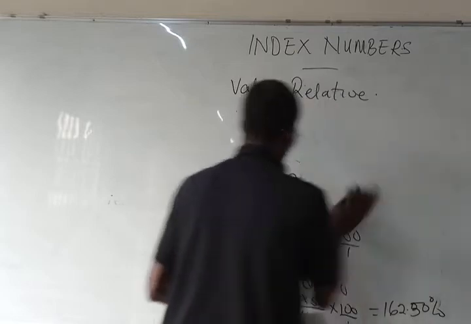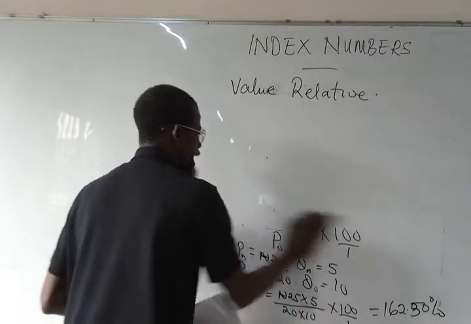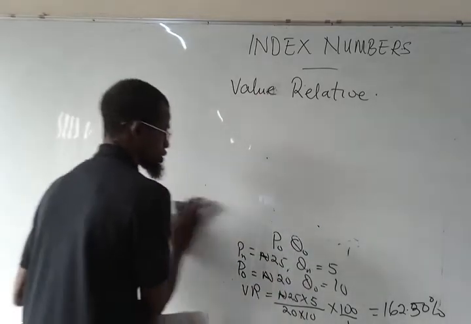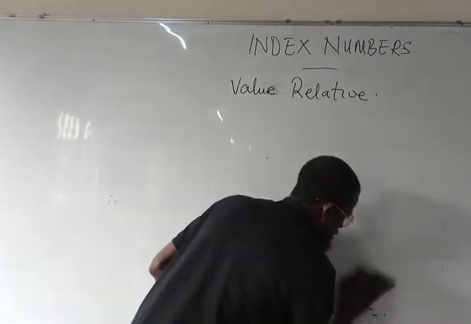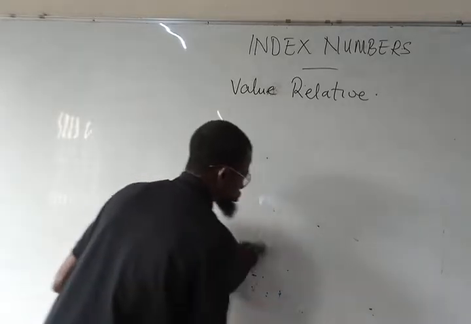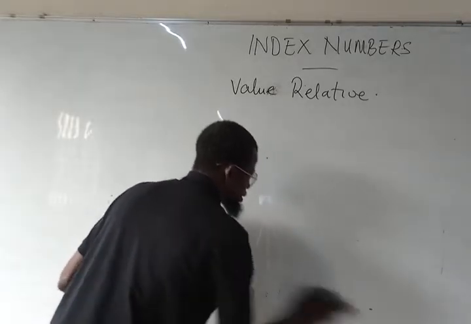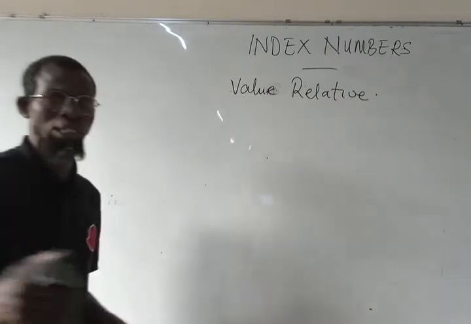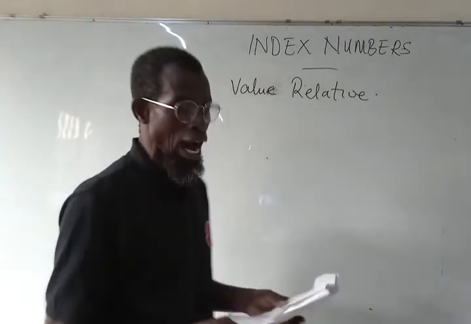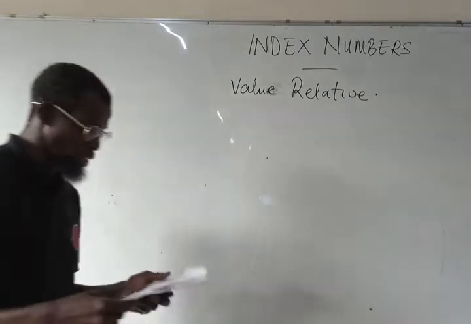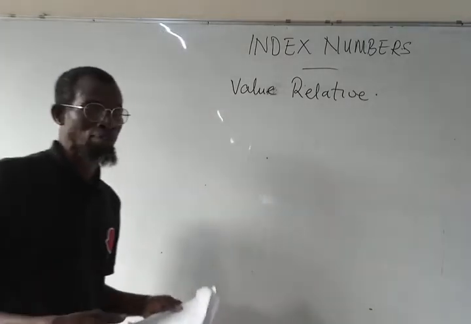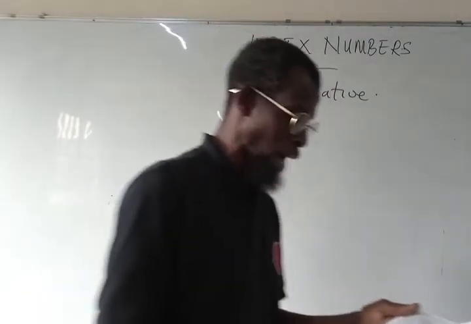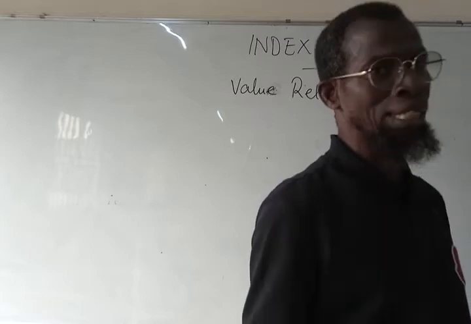Okay, doing this, let's quickly look at another. I've told you what we are going to cover under this topic, our index number. We have seen how to calculate the price relative, we've seen how to calculate the quantity relative, and we've looked at value relative, and we are now moving to methods of calculating index number.